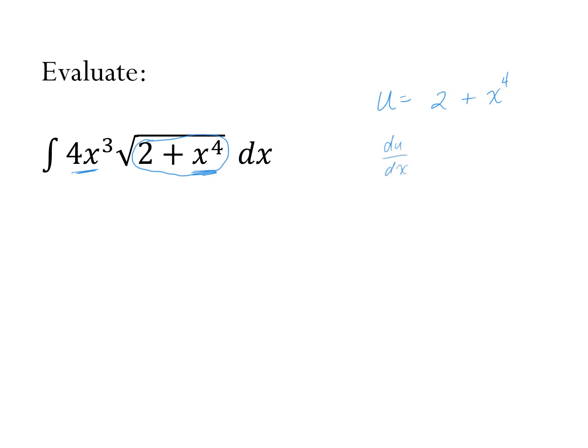du/dx equals, what's the derivative of 2? 0, so I'm going to ignore it. Plus, and then I'll take the derivative of that x to the fourth, which becomes 4x cubed. And if I wanted to write this as a differential, we would just say du is equal to 4x to the third dx.